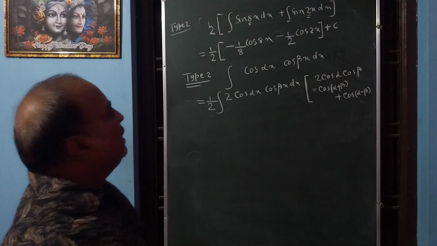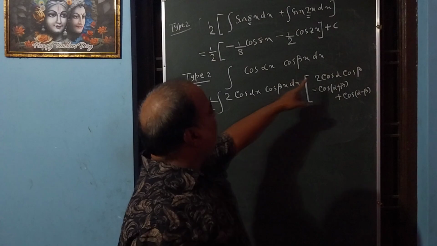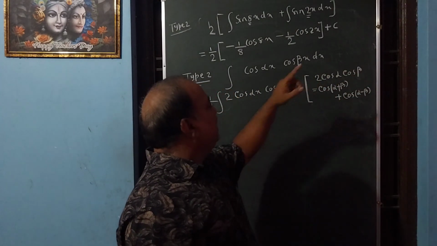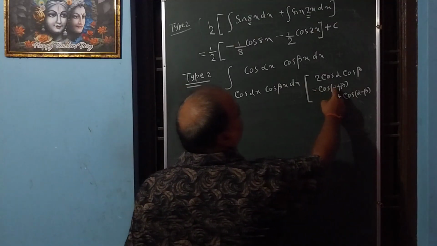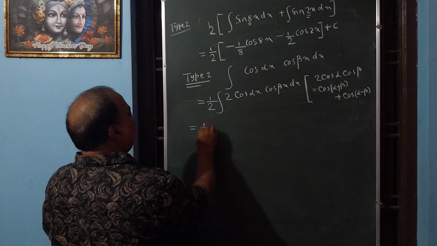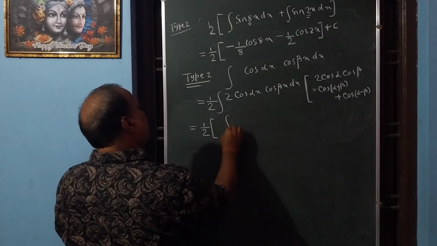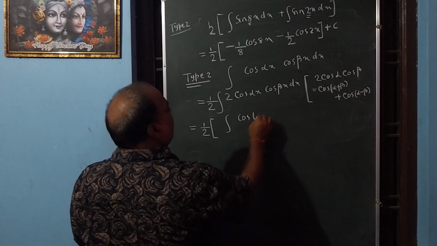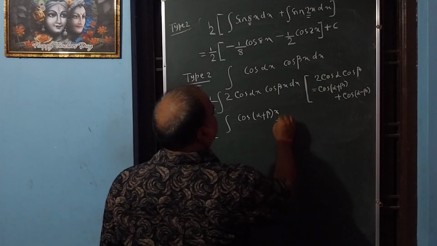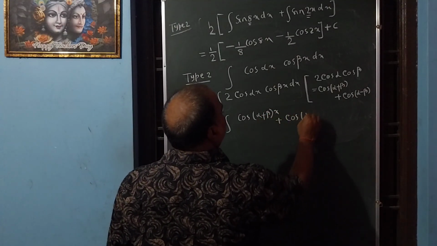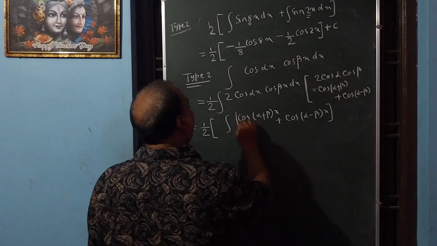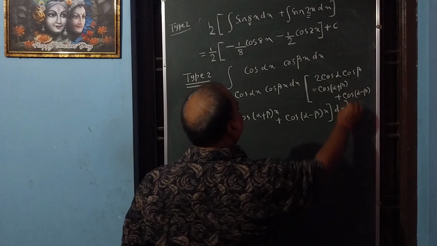Okay, so now applying the formula. Here in place of alpha it is alpha x, in place of beta that is beta x. So applying that formula, cos (alpha plus beta) and cos (alpha minus beta), we get 1 by 2 integration of cos (alpha plus beta) into x plus cos (alpha minus beta) into x whole into dx.